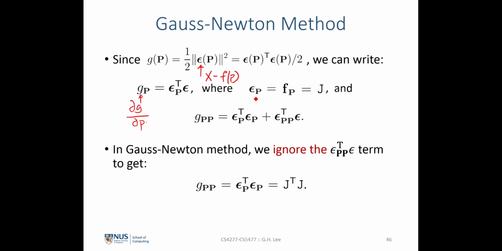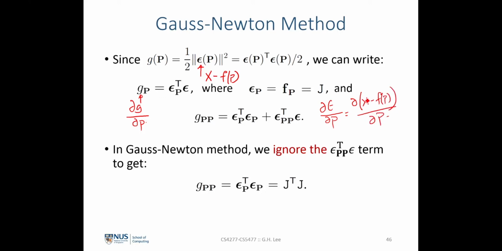And where epsilon_p over here is the first order derivative of the function f that we have defined earlier on. We can see this way that the differentiation of del epsilon over del p is simply equal to the differentiation of x minus f(p) divided by del p.